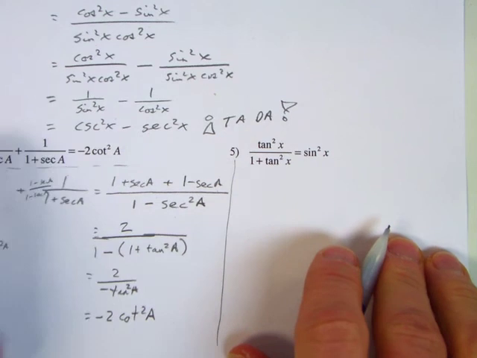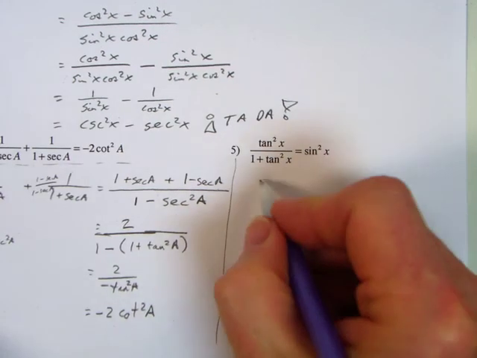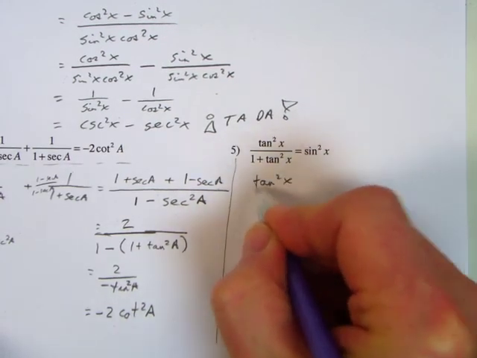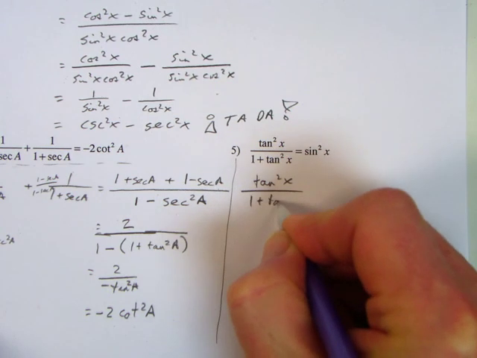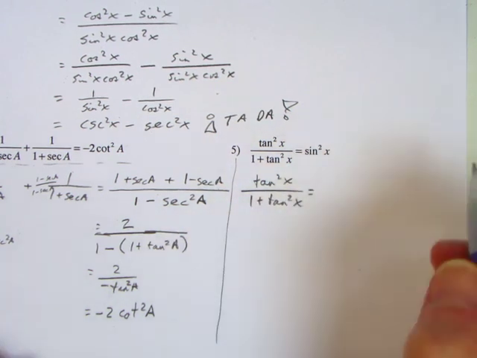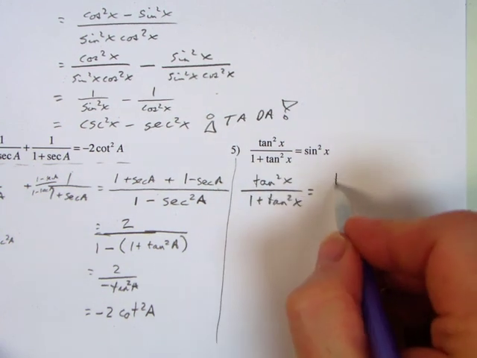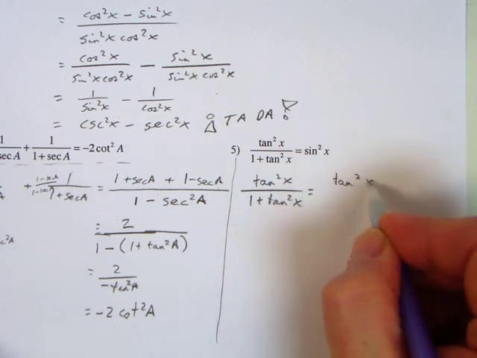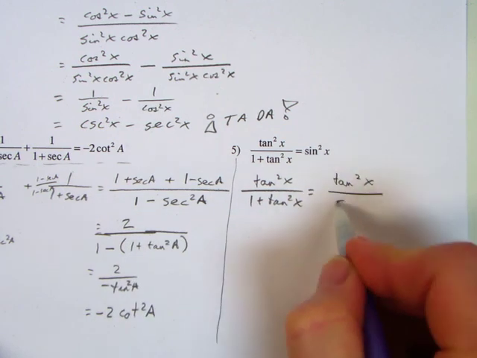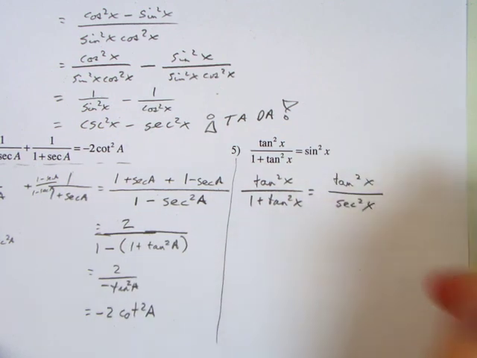We'll take tan squared over 1 plus tan squared equals what? What can we do here? Well, we see we have an identity for 1 plus tan squared, the one we just reviewed. That is secant squared.